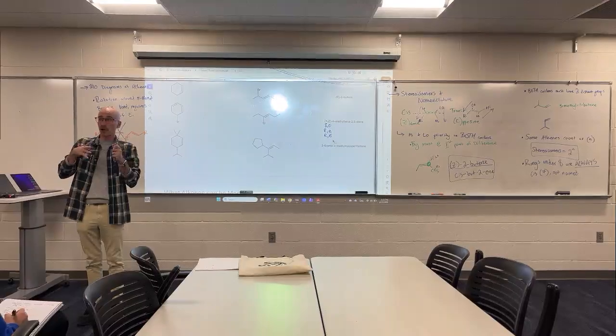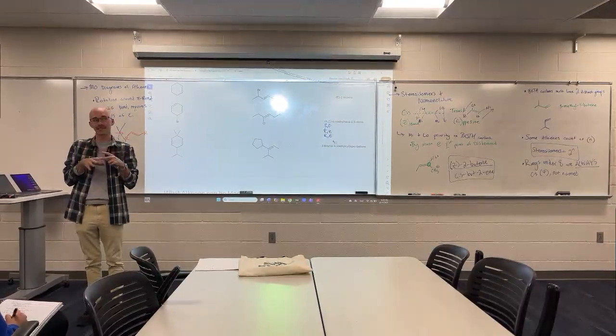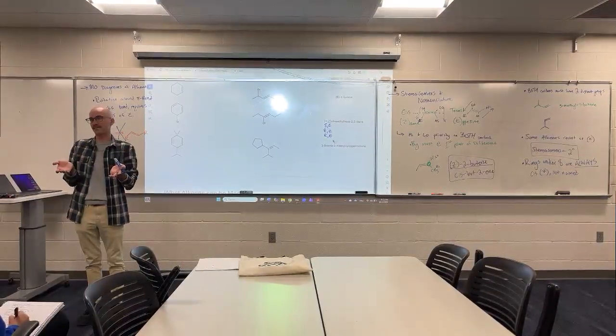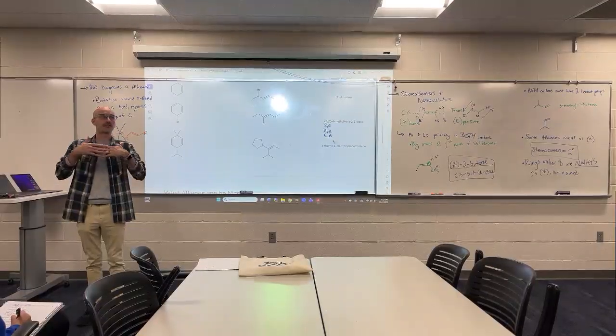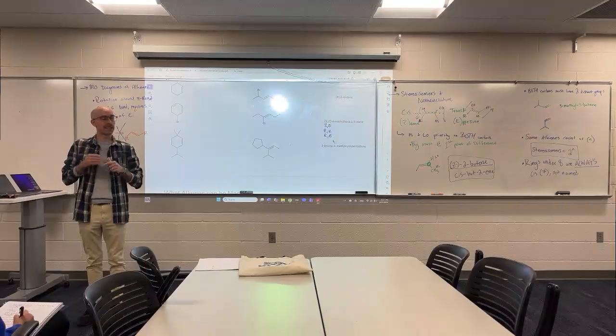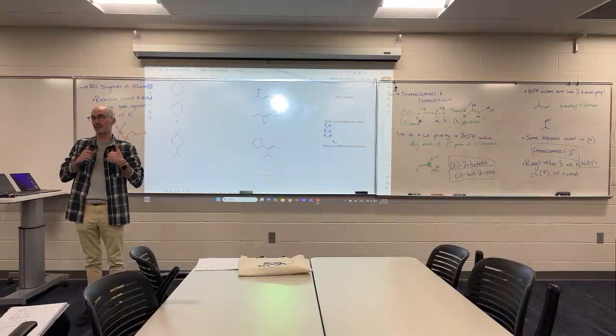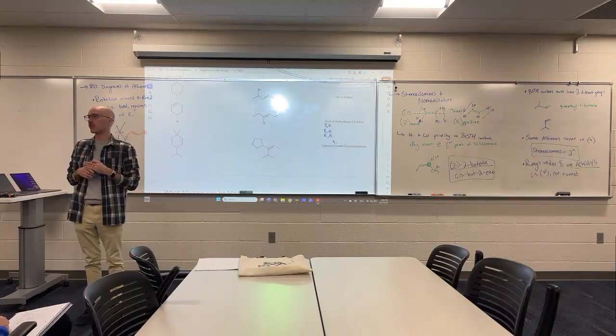So rings that are smaller than 8 are always cis alkenes. They're always Z. But we don't name that because it would get really boring. And it's understood. You cannot get the bond angles to work out for those alkenes in rings that are too small, so you just don't say it.